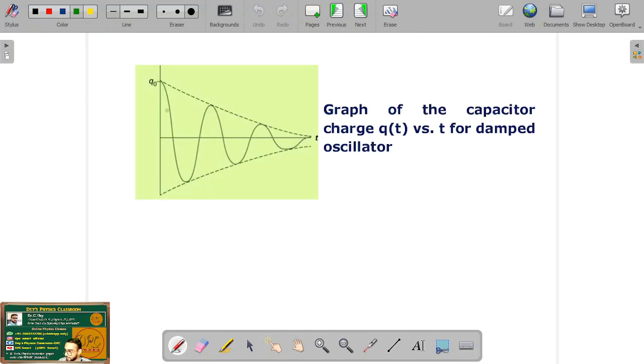Now if we plot Q versus time graph for the capacitor for damped oscillator, the graph will be like this one. So, along the y axis we have plotted Q, and along the x axis we have plotted time. So, this would be the equation for an oscillatory motion. So, this is the graph for capacitor charge versus time for damped oscillation.